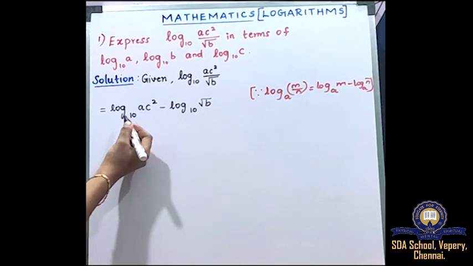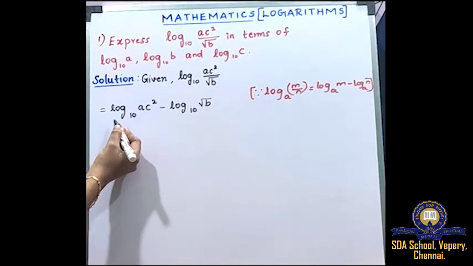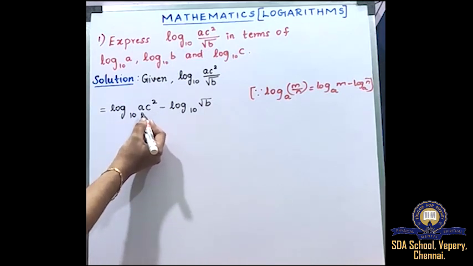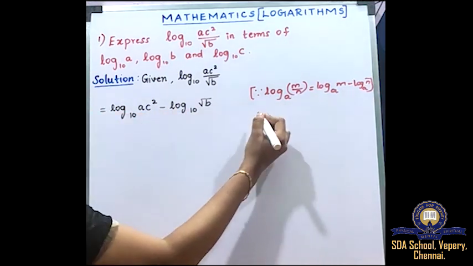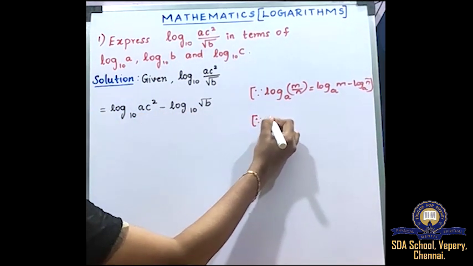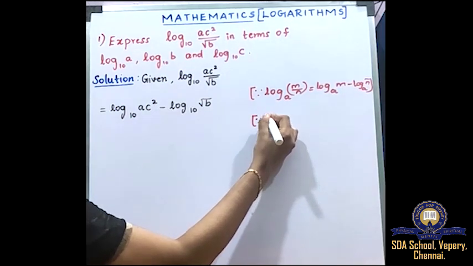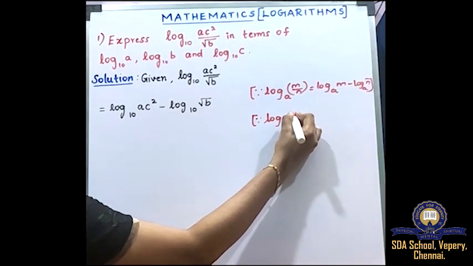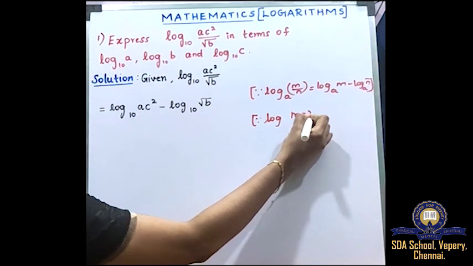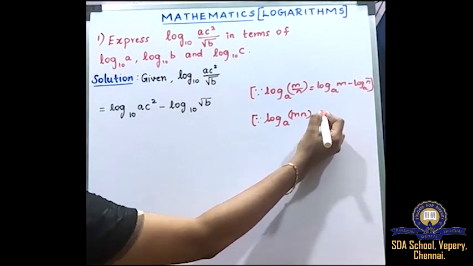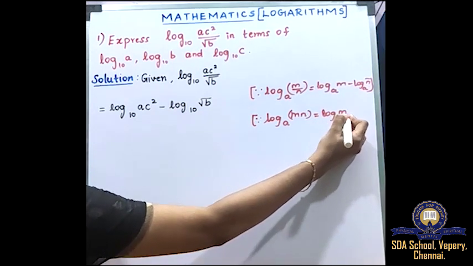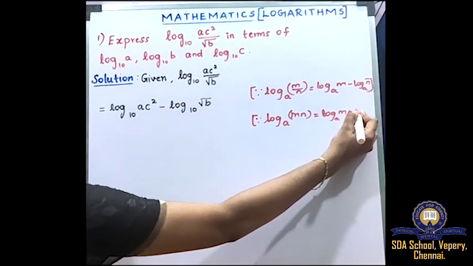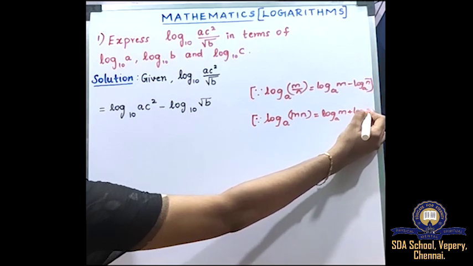Now, if you observe the first term, this is in the form of log m n to the base a, right? So as we have seen, log m n to the base a equals log m to the base a plus log n to the base a.